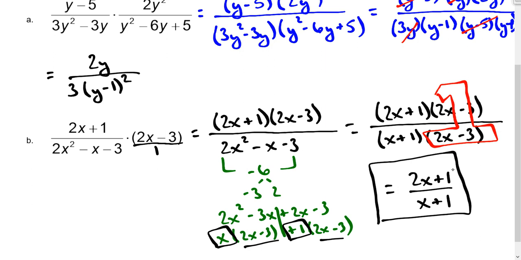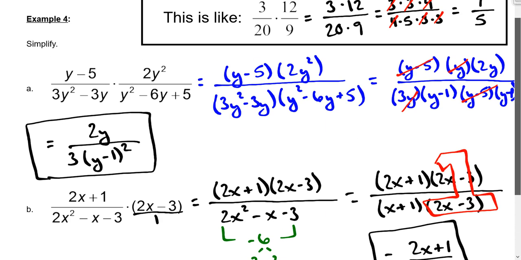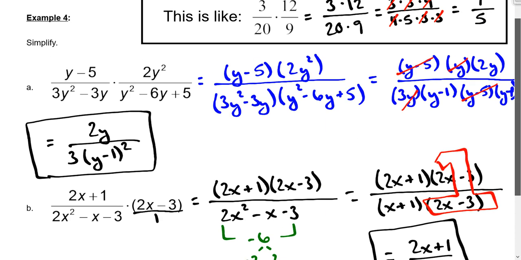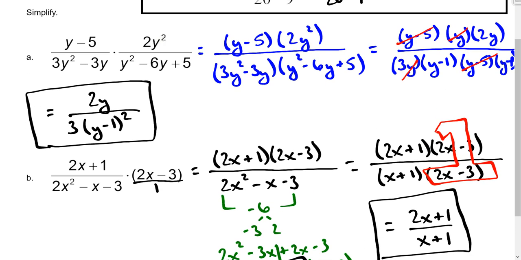Now, the only other thing I'm going to say is that for the two problems I worked out today, we did not include any excluded values. That's really just because the directions for today just said to simplify. If it said simplify and identify the excluded values, then I'd have to look at the original rational expression and set each denominator factor that had a variable equal to 0 to get a list of the excluded values.